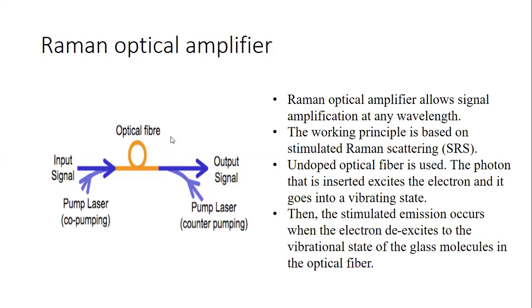The core is made up of the usual optical fiber materials. Here we are using pump lasers for stimulating the SRS effect. Basically, this is based on stimulated Raman scattering.